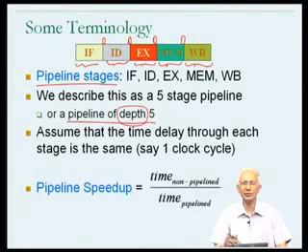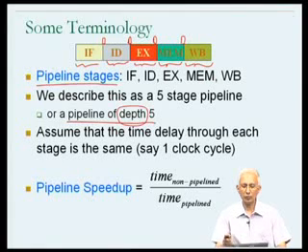Pipeline speedup is defined as the time that it takes to execute a particular program with a particular input data on the non-pipelined implementation of the processor, divided by the time that it takes to execute that same program on the same input on a pipelined version of the processor. So we're assuming the same instruction set, the same program, the same input data.